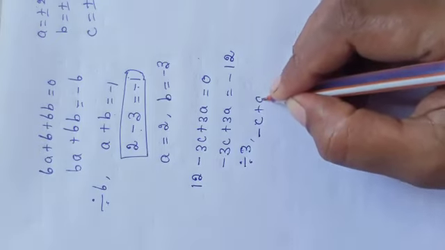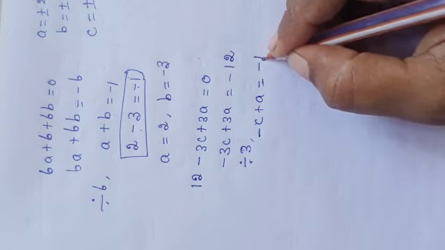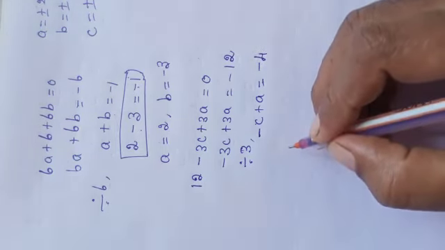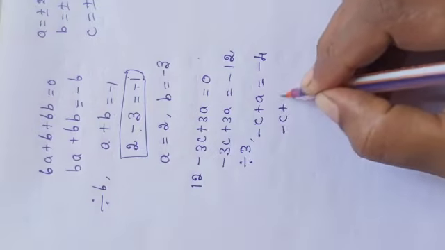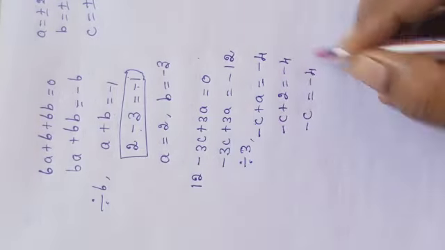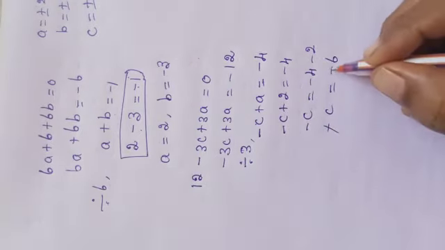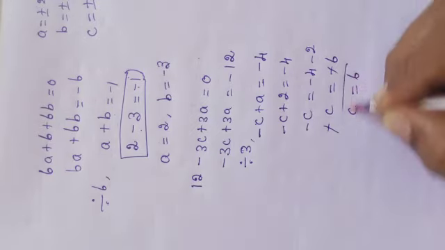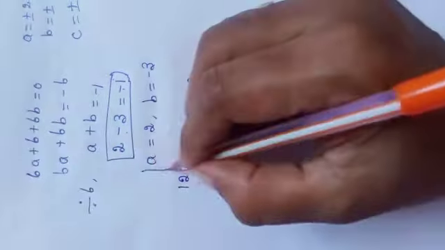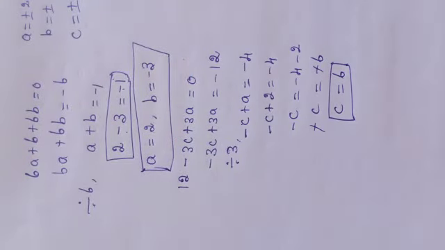Minus C plus A is equal to minus 4, or minus C plus 2 is equal to minus 4, minus C is equal to minus 4 minus 2, minus C equal to minus 6, minus and minus cancel, C is equal to 6. Therefore, we have got A equal to 2, B equal to minus 3 and C equal to 6.